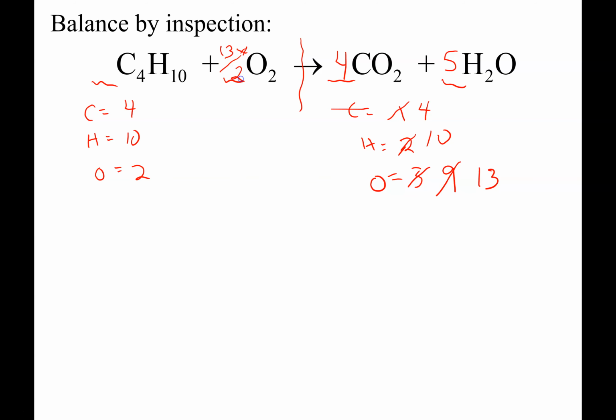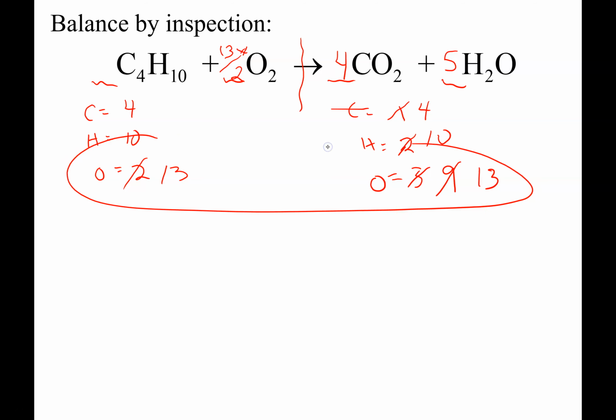The only reason I can do that, 13 halves O2s, is because if I take a half of a molecule, it's all symmetrical, and I'm getting to my individual atom, which is what I want to get to. If you buy that, let's update how many oxygen atoms I have now. 13, yeah. So I've done it. And I'm telling you, that is legit.